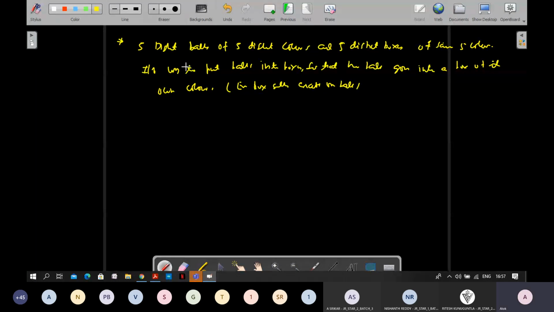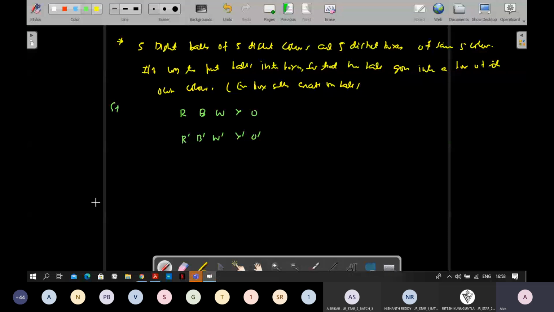So there are 5 distinct balls: say red ball, blue ball, white ball, yellow ball, orange ball. And there are 5 boxes also of the same colors, call them R prime, B prime, W prime, Y prime, corresponding boxes.